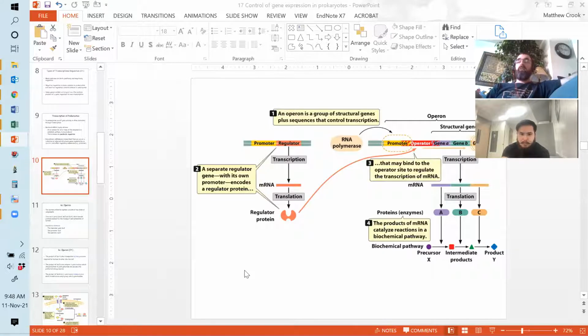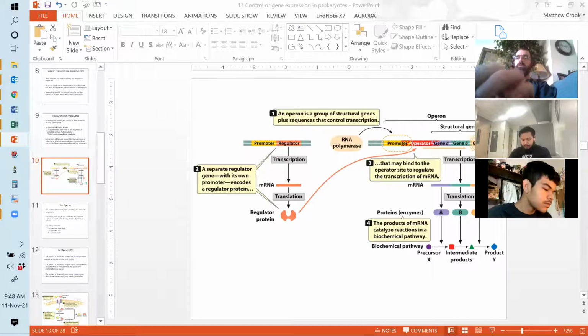Now lactose, bacteria, if they had the choice between glucose and lactose, they'd be like, oh, don't like that, I want that, right? And so the preferred energy source of bacteria is glucose. And largely because it's easier to metabolize or easier to turn into ATP.